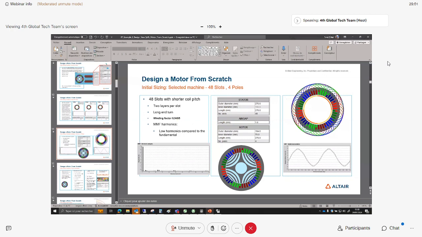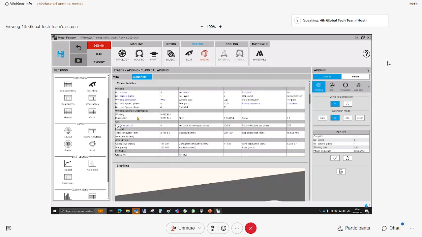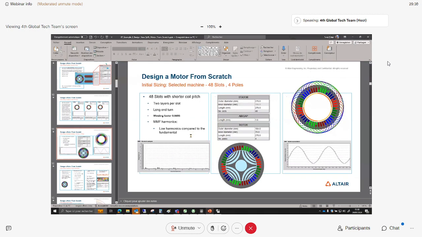The winding factor is something I can read directly from the characteristics, and we have this winding factor given here. Yeah, let's continue with this one. And now what we still need on the stator side is to compute the number of turns for this machine. The number of turns for this machine will be computed from the back EMF.